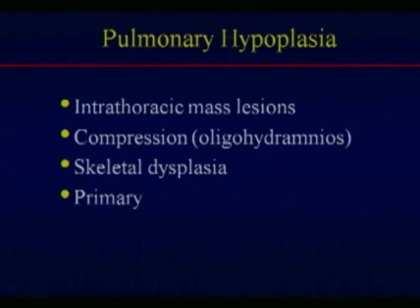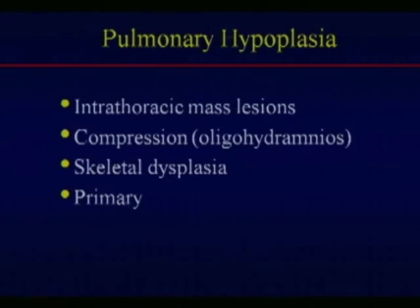In terms of complications, I'd first like to briefly talk about pulmonary hypoplasia. Pulmonary hypoplasia is the end result of a variety of conditions, and when we talk about some of the later conditions, the complications are usually as a result of pulmonary hypoplasia.